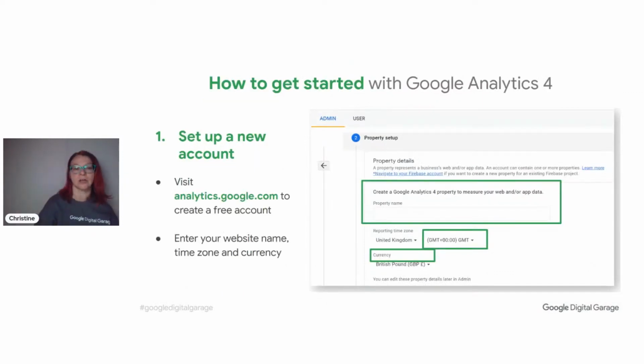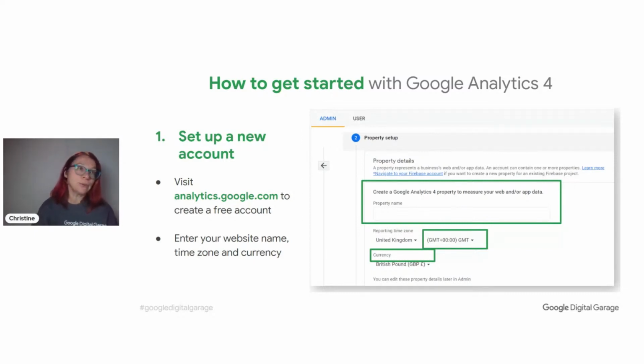So in terms of getting started with Google Analytics 4, if you have a new website or you're new to doing analytics of any sort, you will go straight onto Google Analytics 4, and you don't even need to worry about the fact that a year or 2 years ago there was a different version.